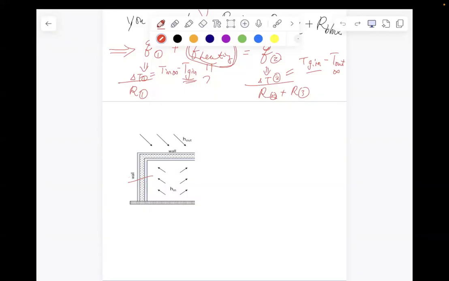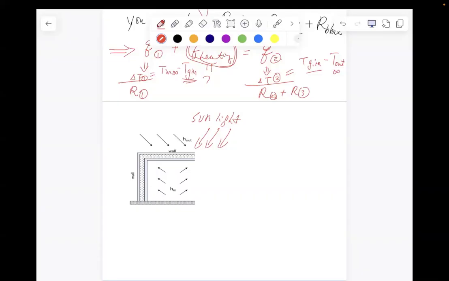But nevertheless, the problem will tell you, in addition to these heat transfers, convection, conduction, whatever, there will be additional sunlight that shines on the surface of the wall and provides additional heat to the surface of the wall.